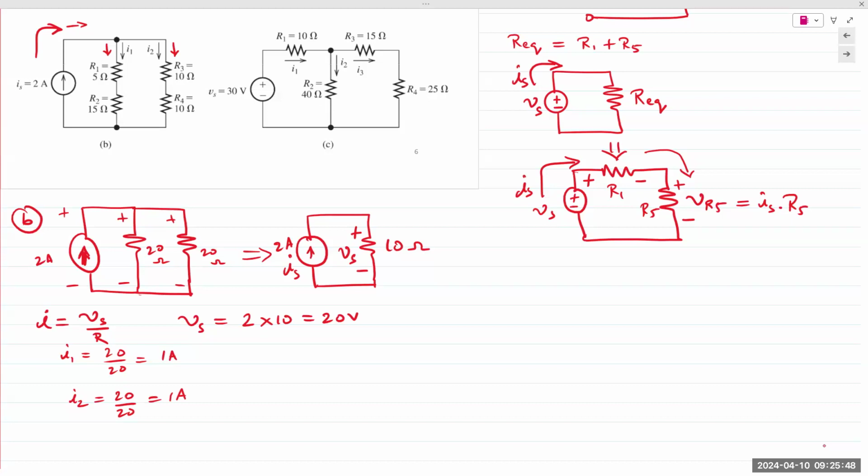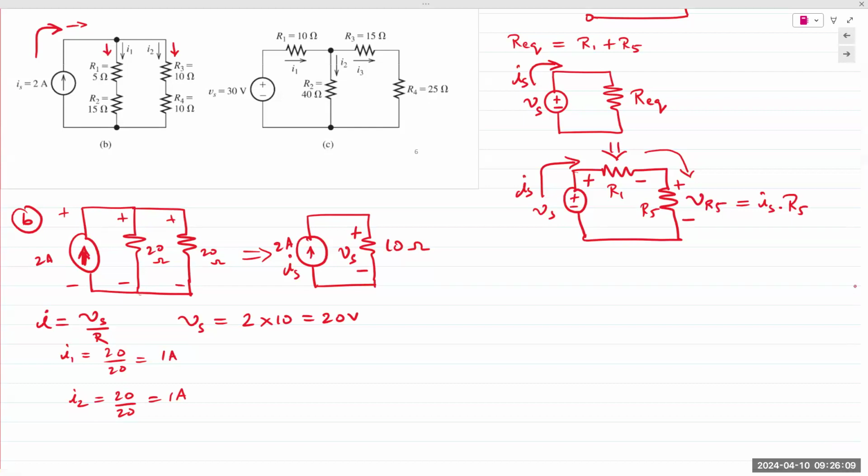It's an equal split. So logically, you could say 2 amps splitting in two, 1 plus 1. And I think several of you recognized that immediately as soon as you saw the problem. So that's good.